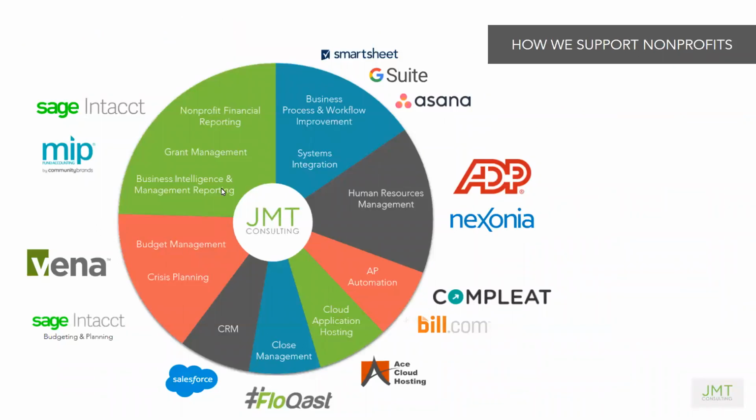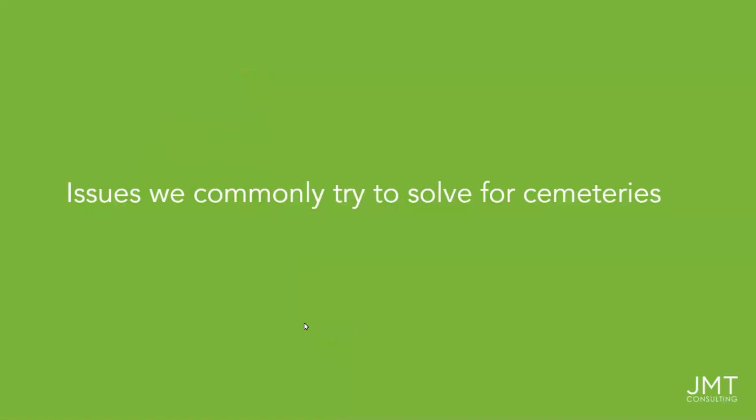And just a few things of what JMT actually does. We provide nonprofit financial reporting, budget management, CRM, which is customer relationship management tool, close management. We are cloud hosting. And so we have human resource tools also and workflow tools.